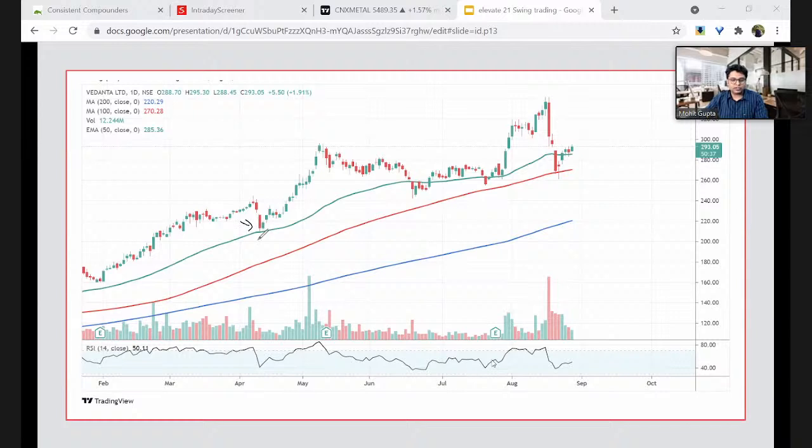There is a candle which touches that moving average, called a touchdown candle. When a reversal candle, a green candle, closes above the high of that touchdown candle, that is the point where you enter the trade, and your stop loss is the lowest of the touchdown candles. You put your stop loss at that point, and then you have to trail your targets.